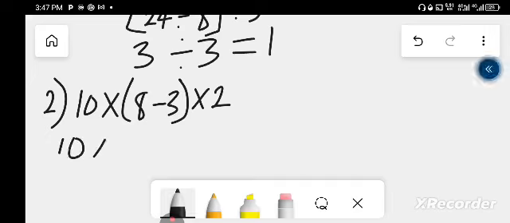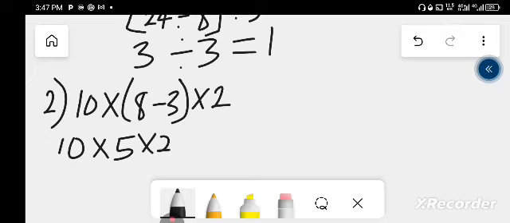That is 10 times, 8 minus 3, that gives us 5. Then multiply by the 2. So we have one operation left.